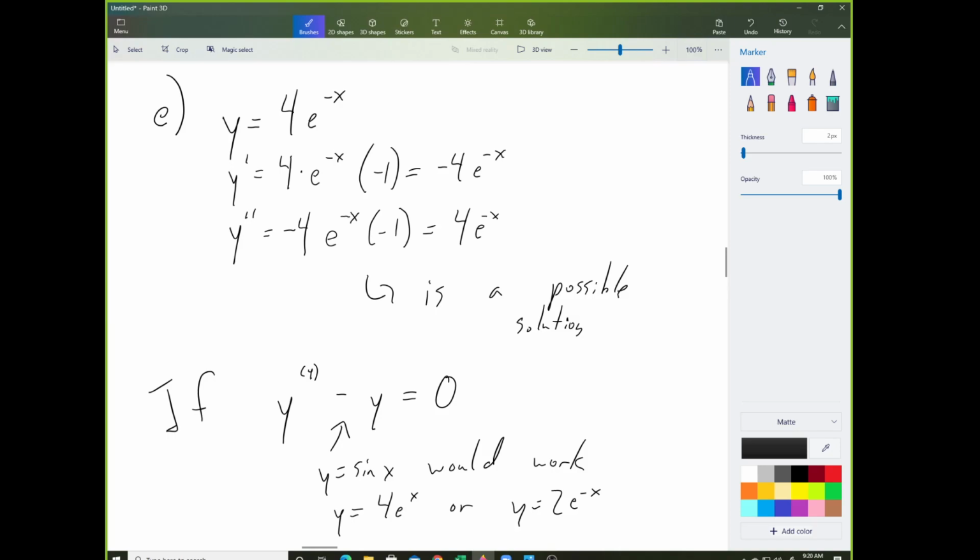Of course, if I put a number up there with the x, that would no longer work anymore, because when we take the derivative, that would get pulled down.